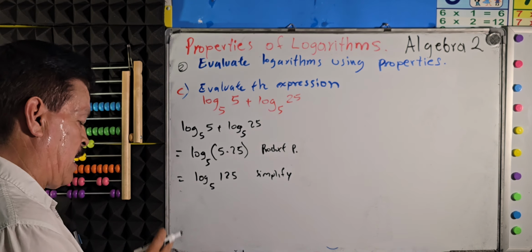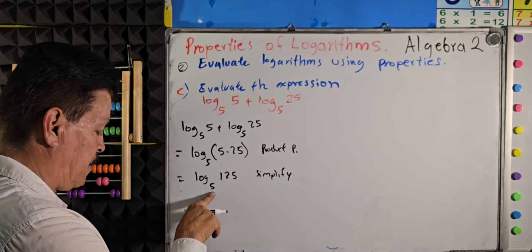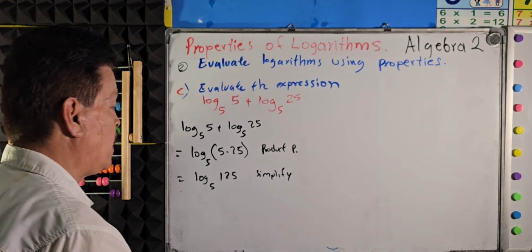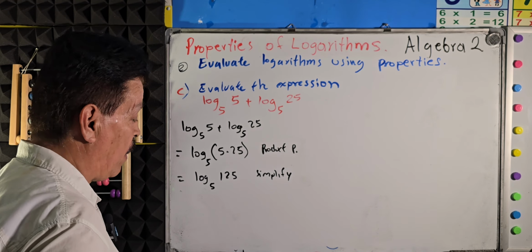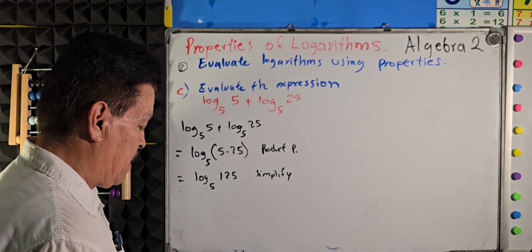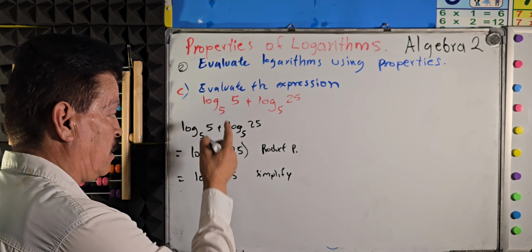So now since the base is 5 here, rewrite 125 as a base of 5. Maybe let's write it right here because sometimes it is confusing. This is the first part.